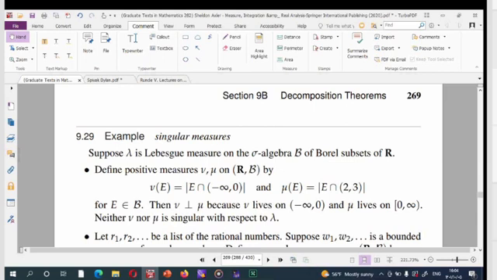Neither mu nor mu is singular with respect to lambda. Note that these two are singular, but mu and mu are not singular with respect to lambda.